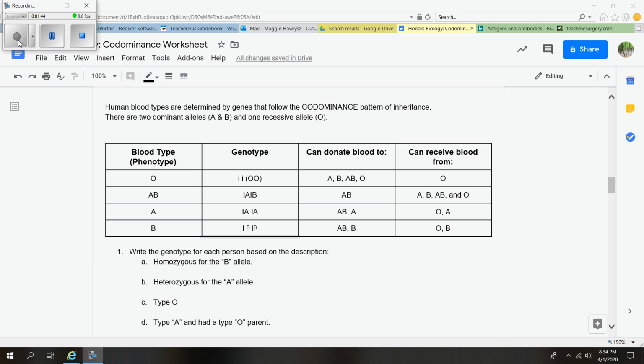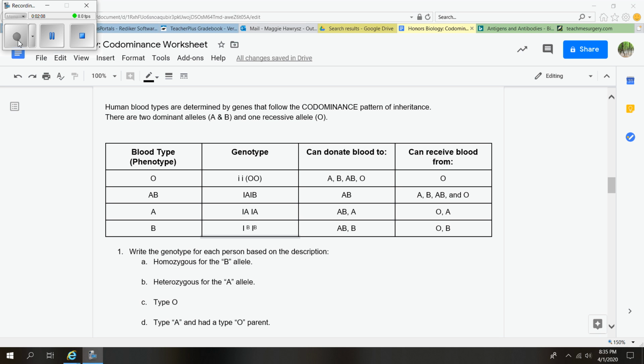Well, O positive, the positive denotes a different system within blood types called the RH factor, RH system. And it's determined by the presence or the absence of a specific protein that was derived from the rhesus monkey. And so if people have that protein present, then they're considered O positive.